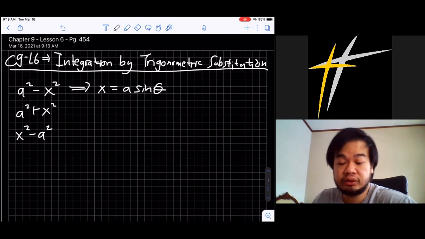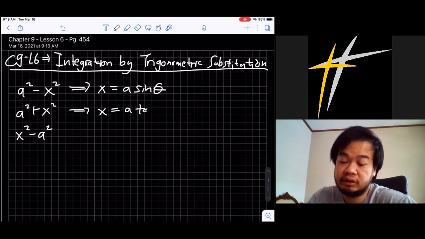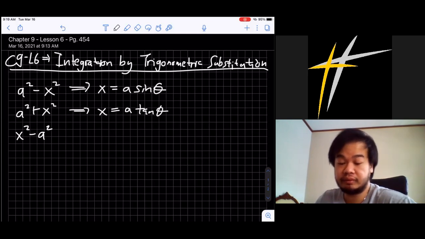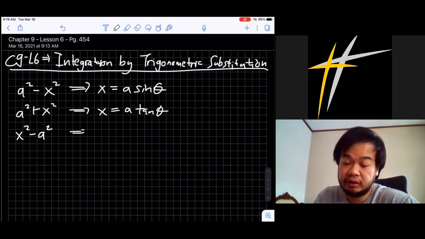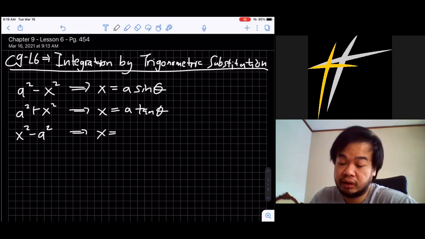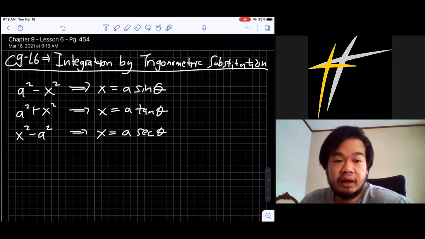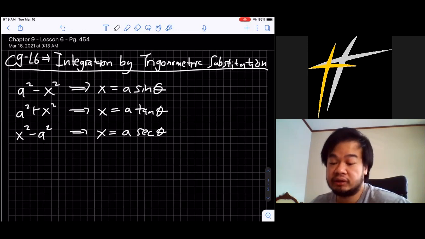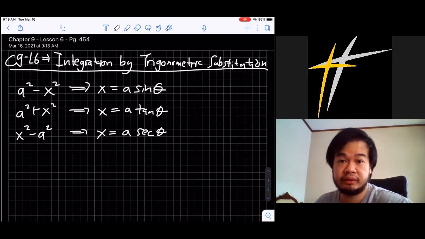If it is a squared plus x squared, then x equals a tangent theta. And if it's x squared minus a squared, then x equals a secant theta. I will explain why sine for the first, tangent for the second, and secant for the third, through the examples.